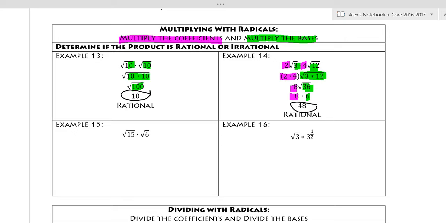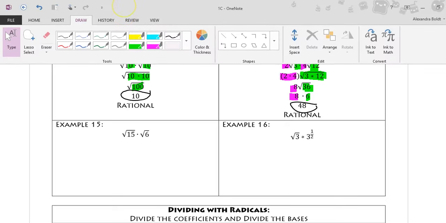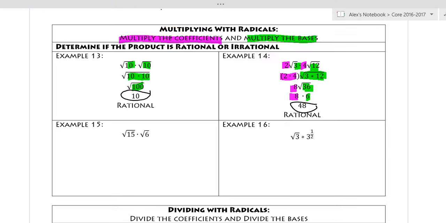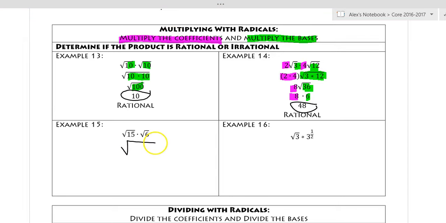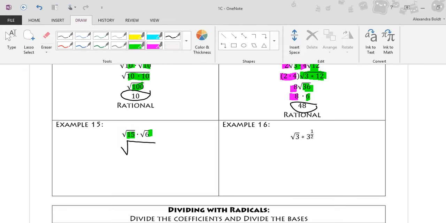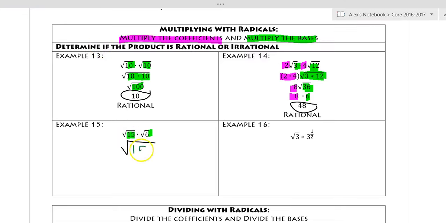Looking at example 15, I have the square root of 15 times the square root of 6. Okay? So I'm going to have the square root of, well, 15 and 6 are both on the inside. So the square root of 15 times 6.